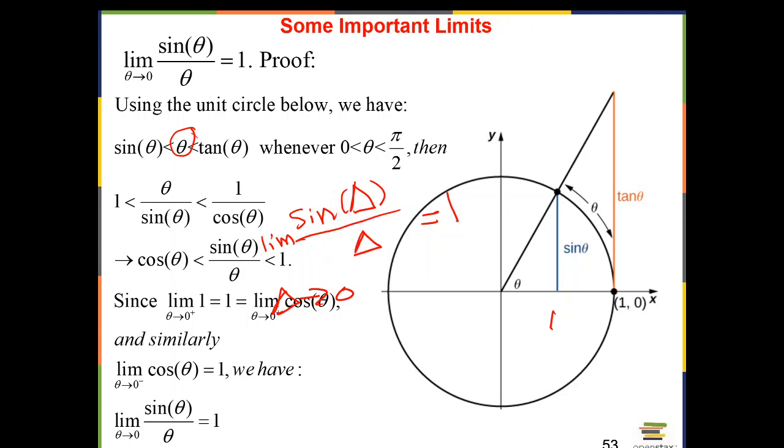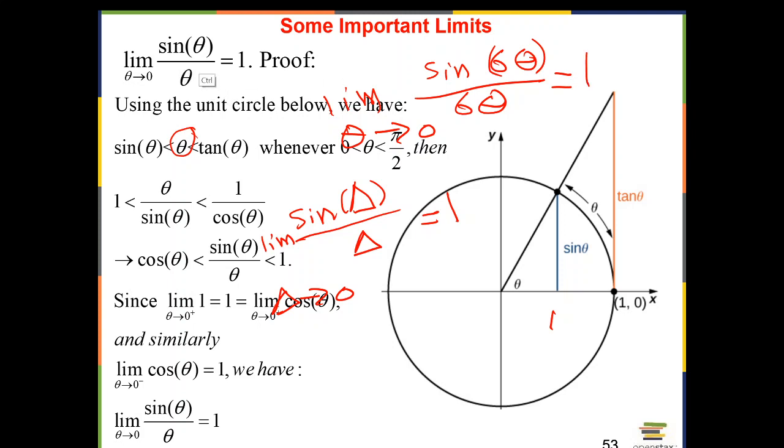That means, for example, what's sine of 6 theta divided by 6 theta when theta approaches 0? When theta approaches 0, then 6 theta approaches 0, and when that happens, the answer is 1. How do we know that? Because we just proved it, right? All right.